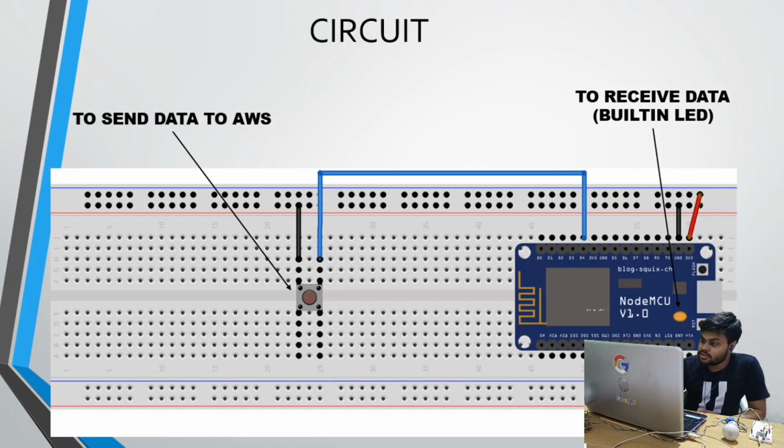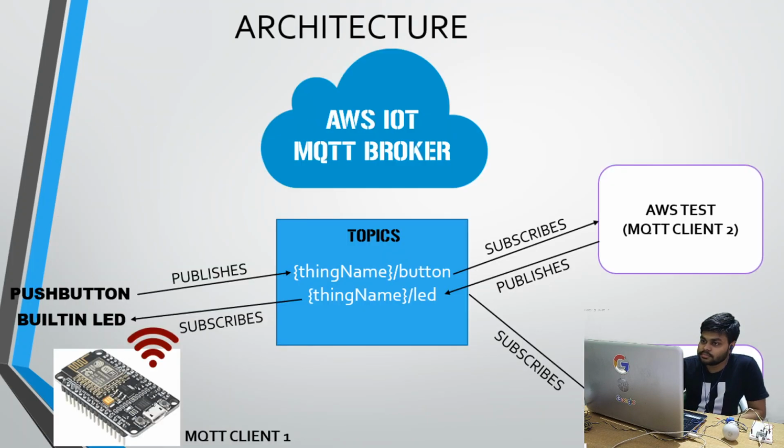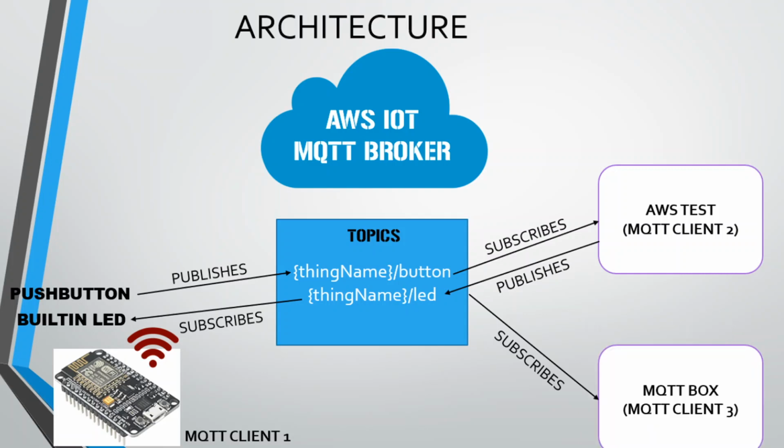Fine. So this is the architecture, and if you can't see it, let me turn this off. Okay, so you can see here the AWS IoT MQTT broker, which is the broker of AWS IoT Core, and we are sending data from this MQTT client, the NodeMCU.